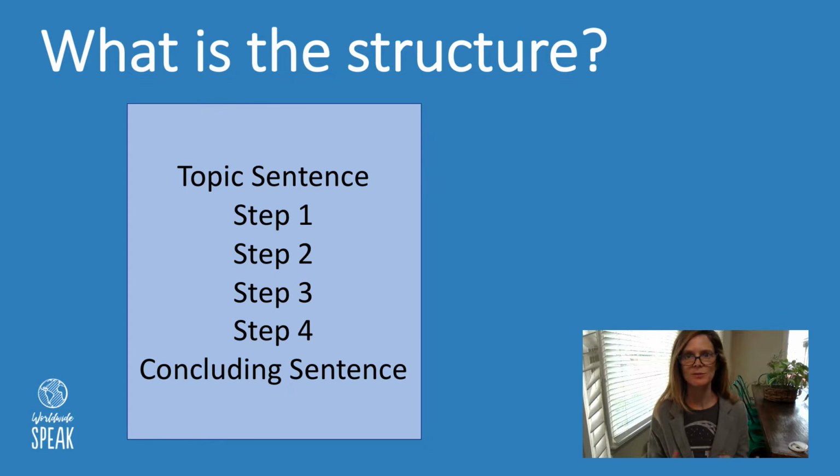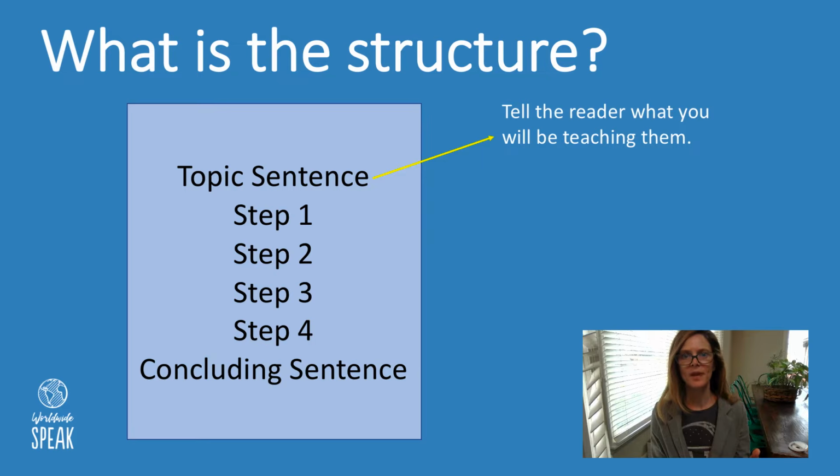So a lot of times my students ask, Wendy, what is the structure of this paragraph? What does it look like? What are the pieces I need to make a strong process paragraph? This is what you need. You need a topic sentence that tells the reader what you will be teaching them.